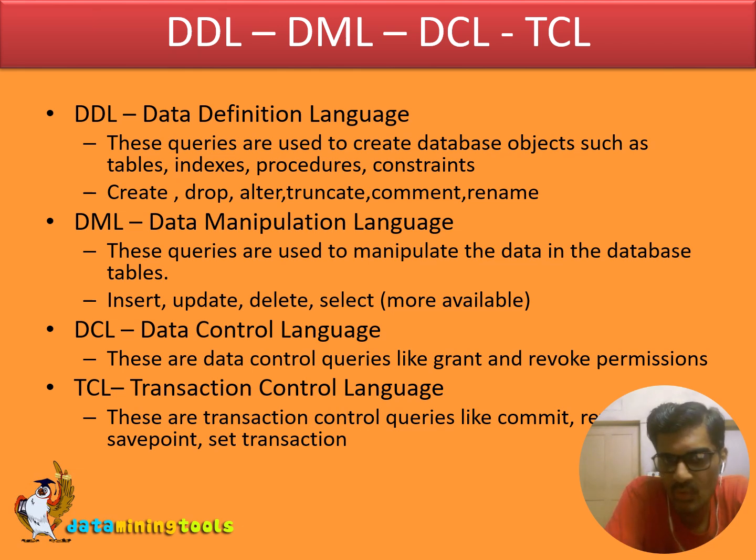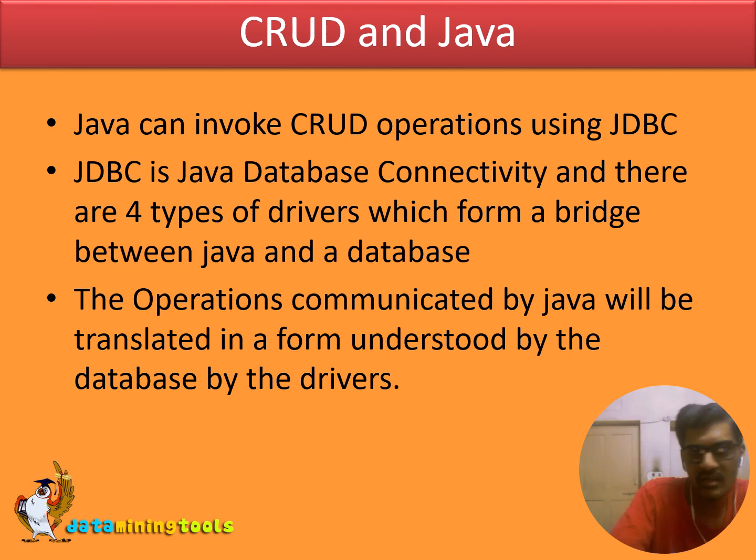For instance, you can do any of the four operations: insert, update, delete or select. Data control is granting and revoking permissions, and transaction control is at a higher level where you can commit and you can set a save point to the database, and so on and so forth.